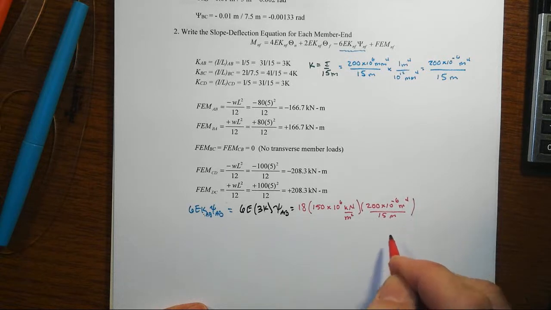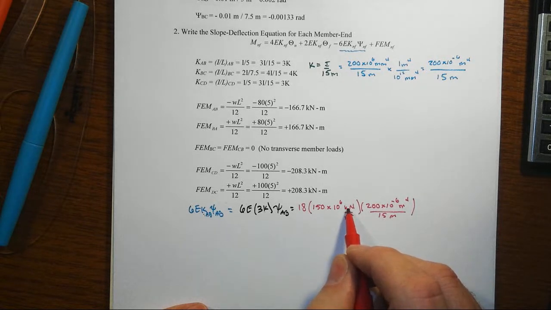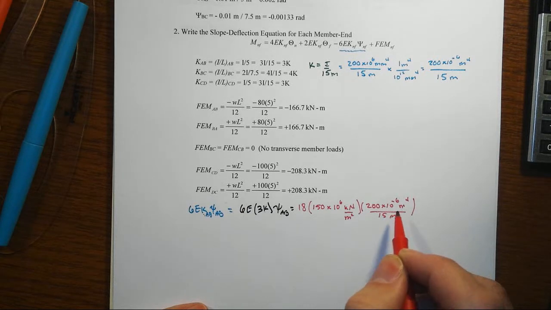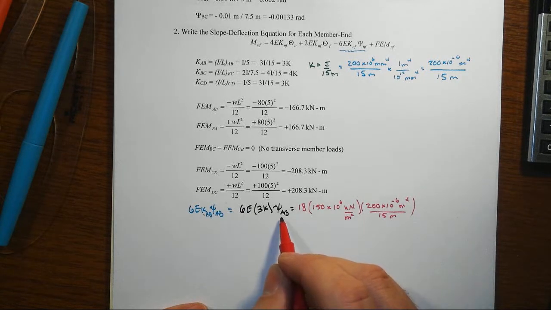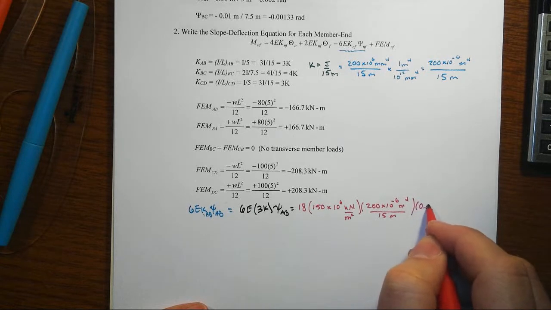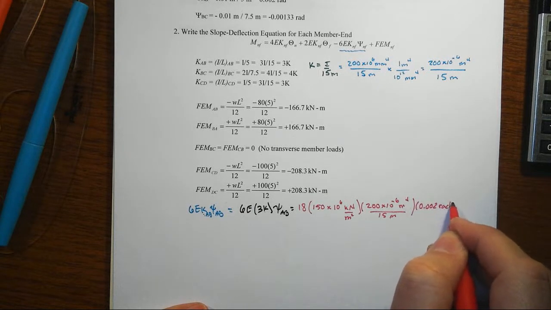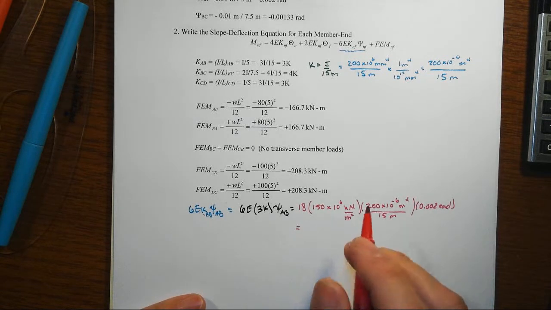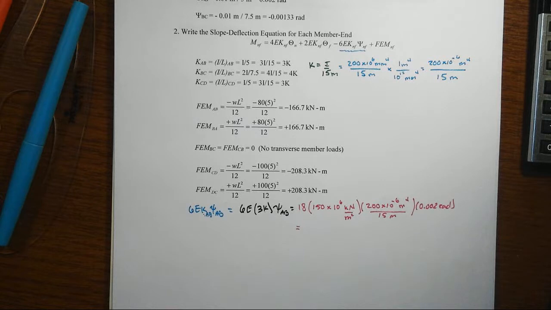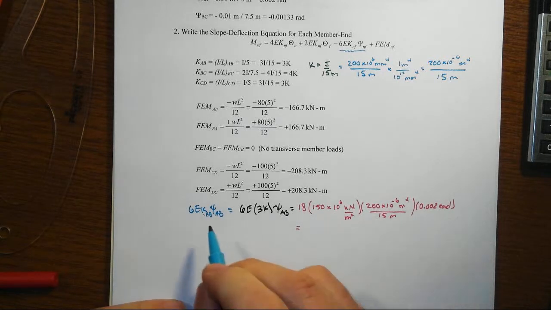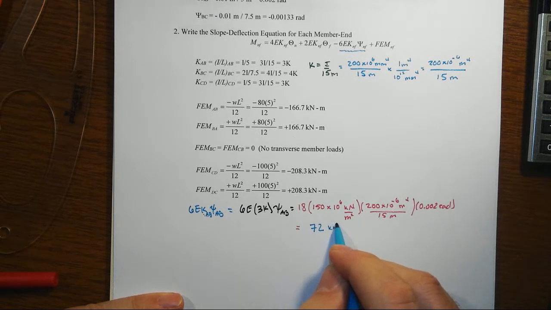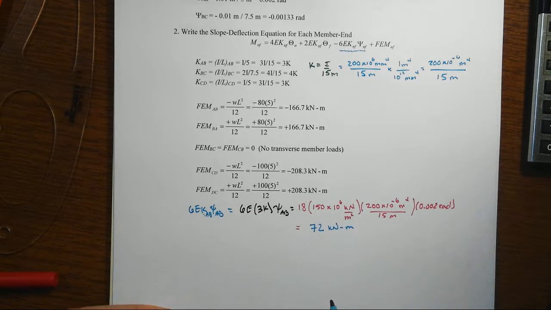Again, gotta watch these units. Right now we got kilonewton meter to the fourth over meter cubed, or kilonewton meter. Good, because psi is a radian, so in effect unitless. So we're going to end up with kilonewton meters, which we like. That's the moment. So this 6EK psi is going to turn out to be a positive 72 kilonewton meter.